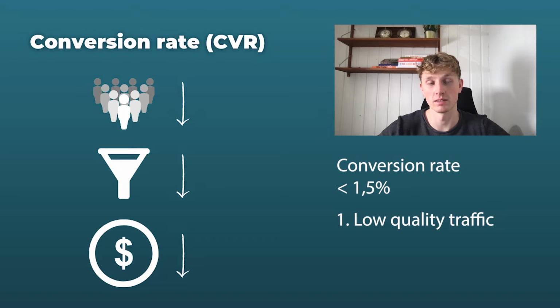Then probably a lot of people below 18 are going to click on the ad and go to your website, but they're not going to purchase because they don't have the purchasing power and they're not the decision makers of buying products online at home. So that's also one thing to keep in mind: how much of the traffic that you have is good quality traffic, and how many of them are actually coming for your products or services.